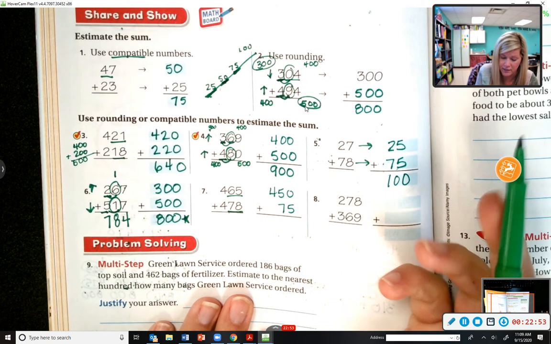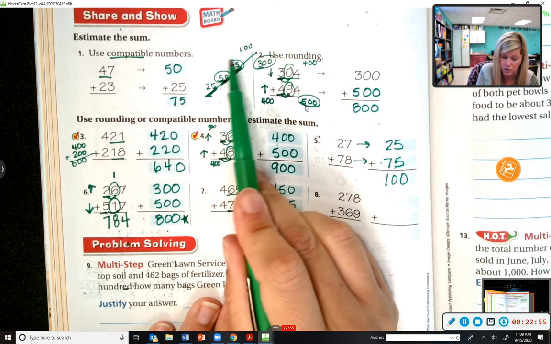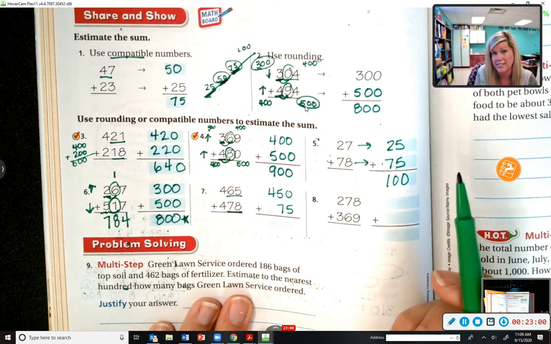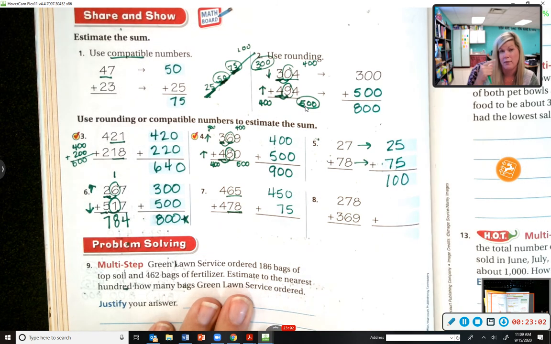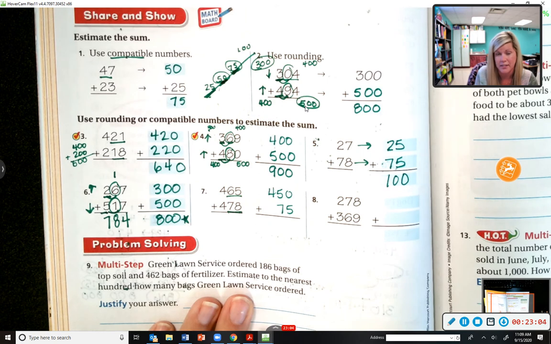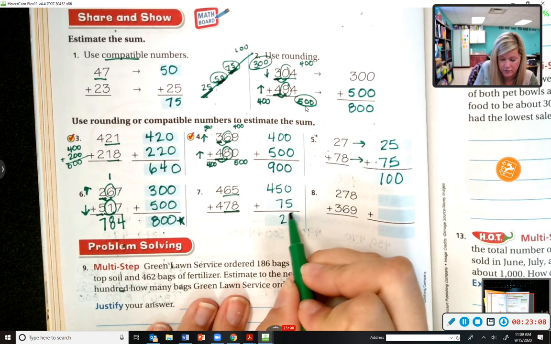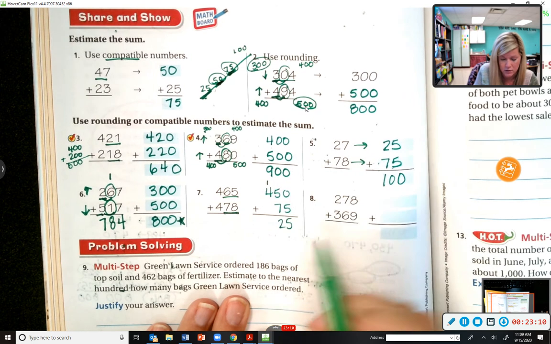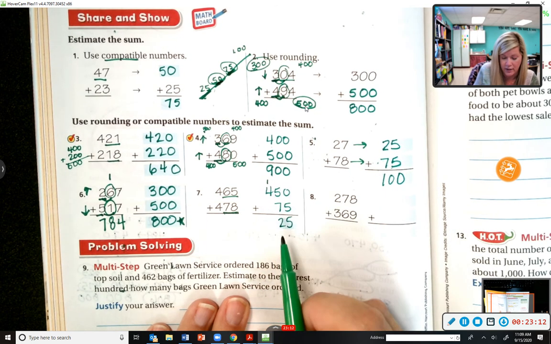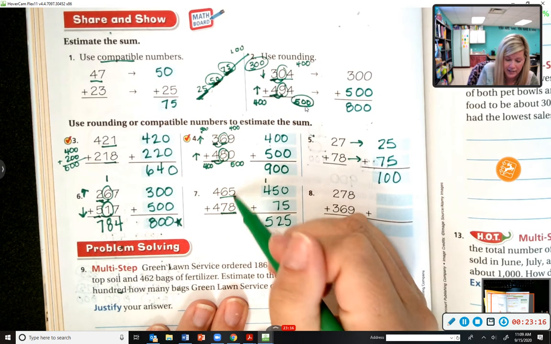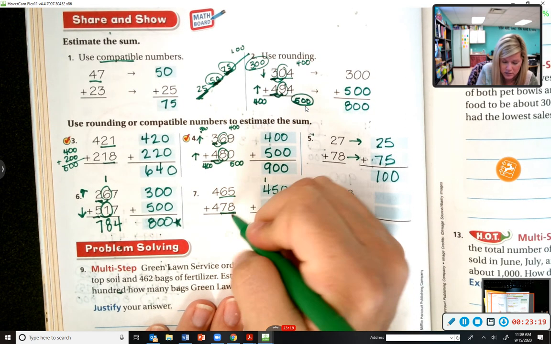So let's think about that. 2 quarters and 3 quarters. 2 plus 2 is $1. So if I have 1 more quarter, that'd be $1.25. So 125. 4 plus 1 is 5. 525. Now let's go ahead and add the real numbers to see what we get.